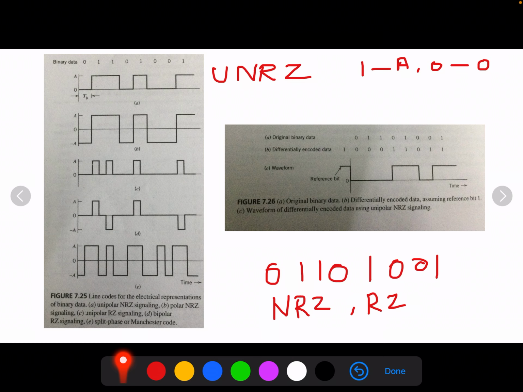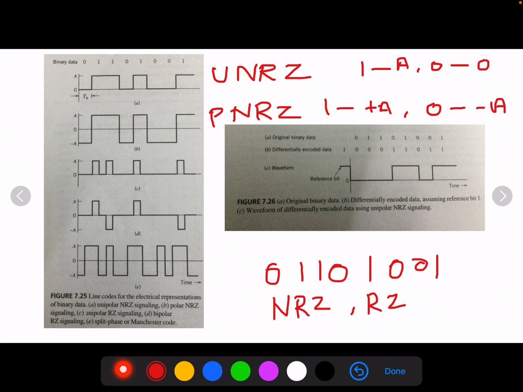Next is polar non-return to 0 signaling. Here, symbols 1 and 0 are represented by transmitting pulses of amplitude plus A and minus A respectively.